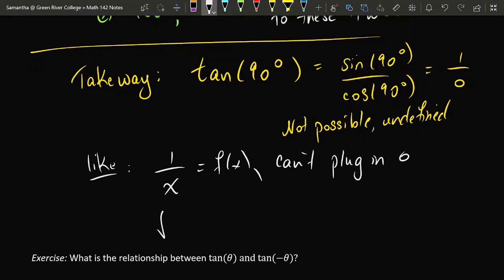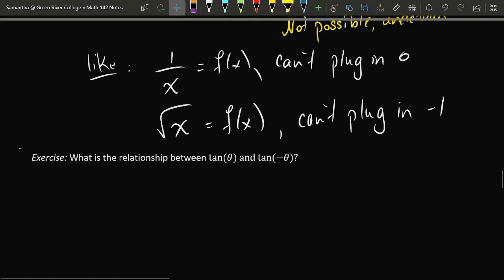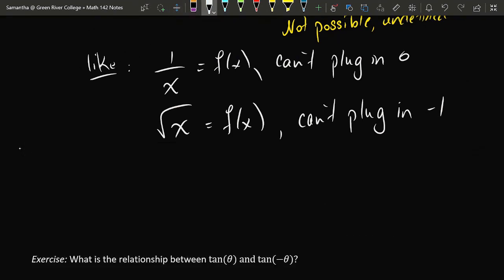or something like the square root of x. Unless you're dealing with imaginary numbers, which we're usually not, you would not be able to plug in -1. You can't take the square root of a negative number unless you're involving imaginary numbers. And like the natural log.